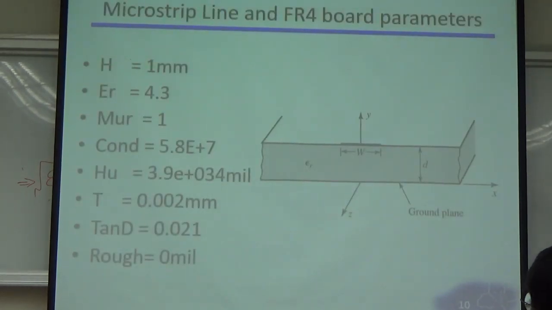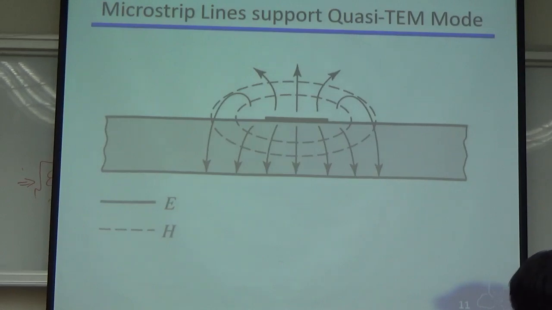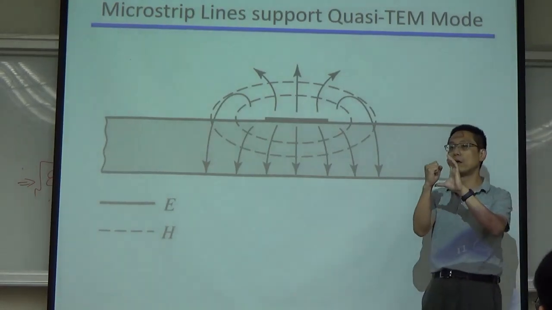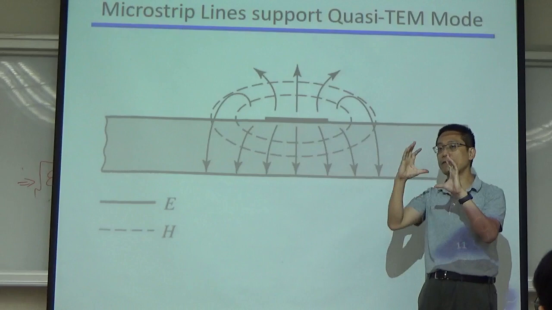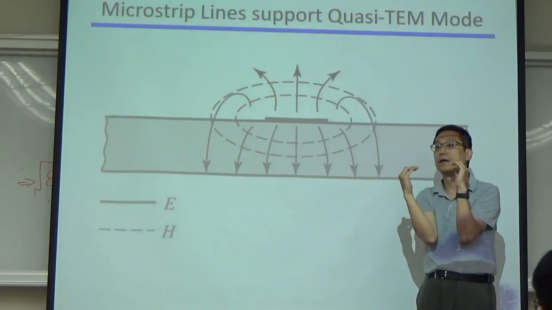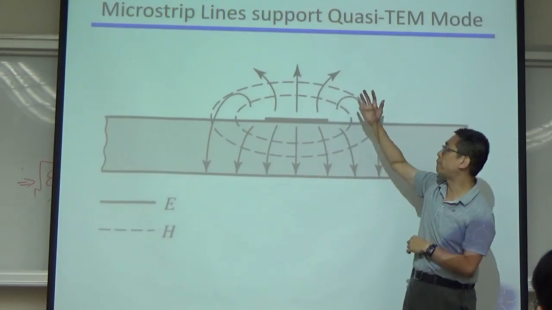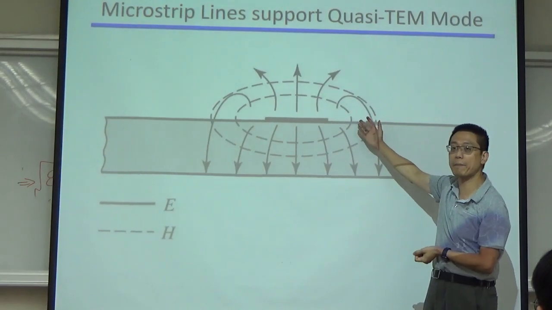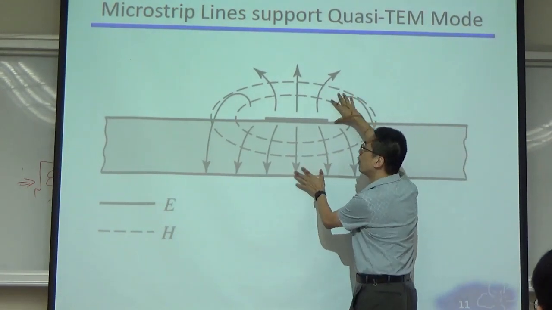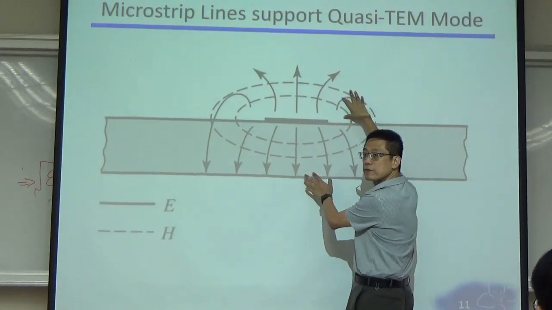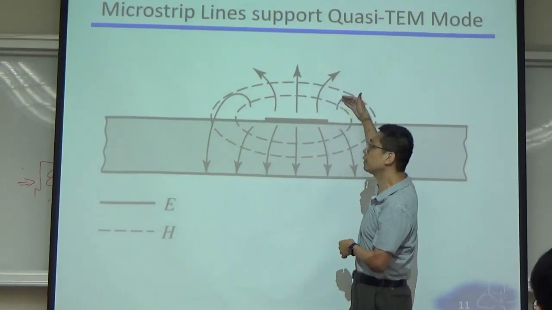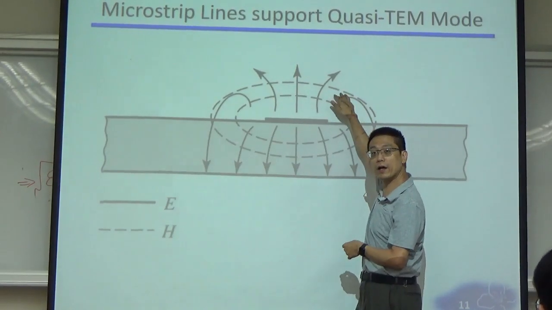So, microstrip line geometry, the same again. Most of you are familiar with it. The reason this is quasi-TEM mode is that in a coaxial cable, all the EM waves are covered inside the conductor. But for the microstrip line, that is not possible because the waves are leaking outside into the air.